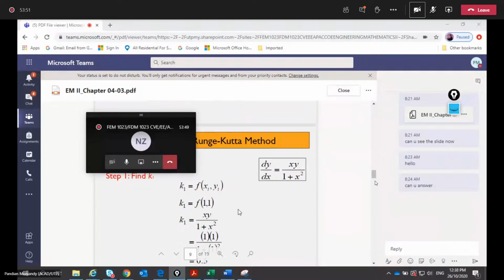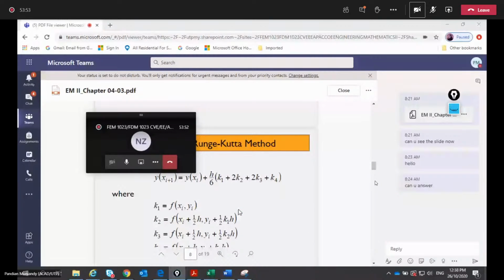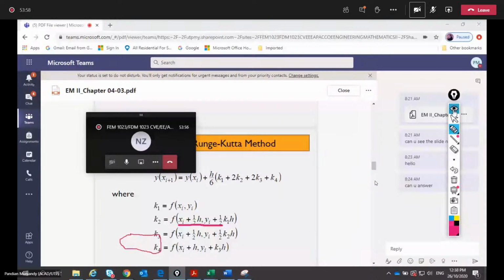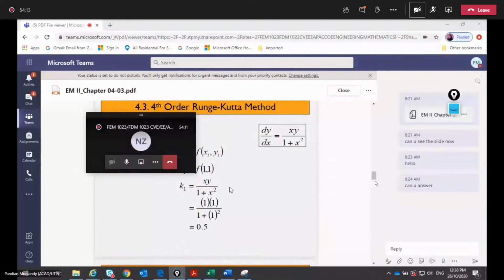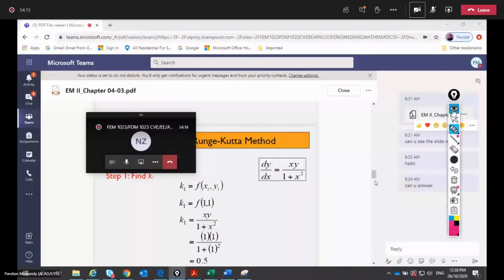Pay attention. To calculate k1, you follow this formula, and then substitute. Your job is just to plug in the values 1, 1. You must calculate f(1, 1) using this formula. What is the meaning? x1, y1 is the starting point.